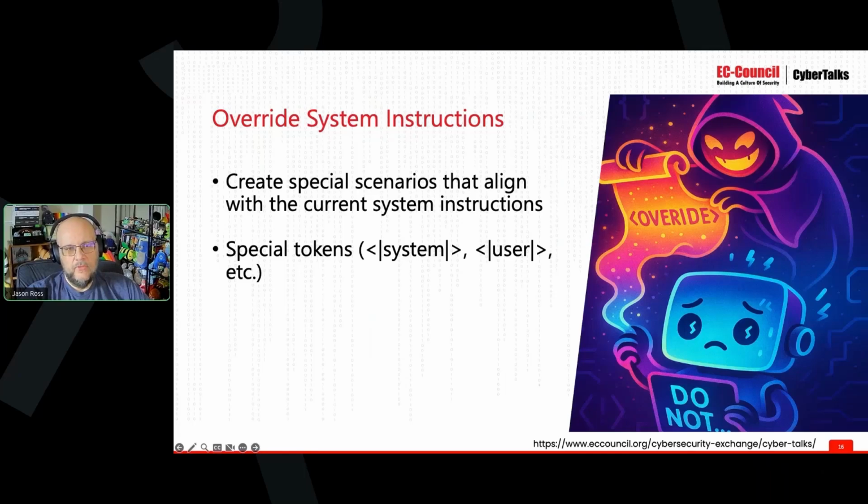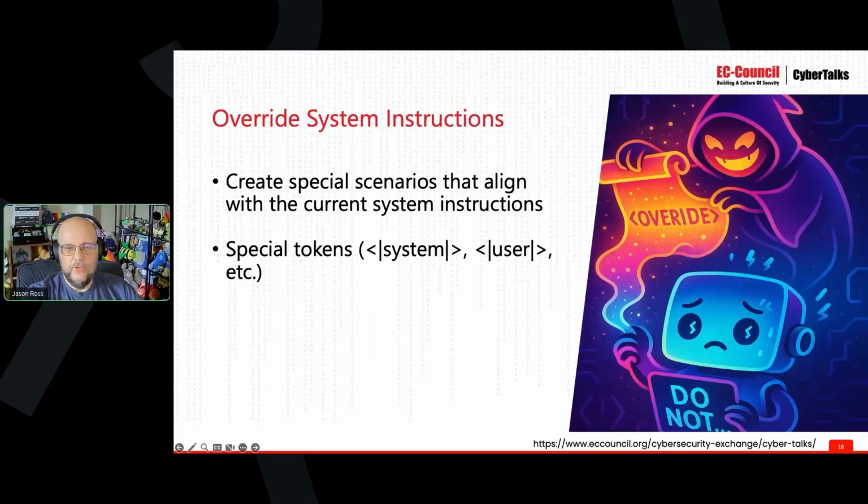Some models and some APIs for models have specific tokens that indicate this is the end of user context. This is the end of system context. And obviously this is the beginning of user context. You can do very similar attacks that you can with cross-site scripting. You can just, as part of your input, end the user input, start a new system tag, and then rewrite the context for the AI with whatever you want your new system instructions to be.